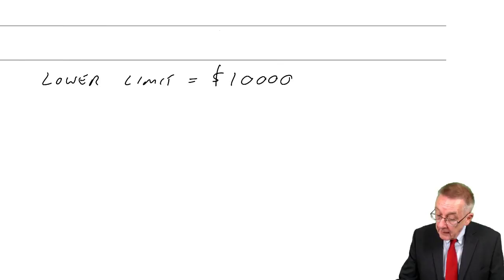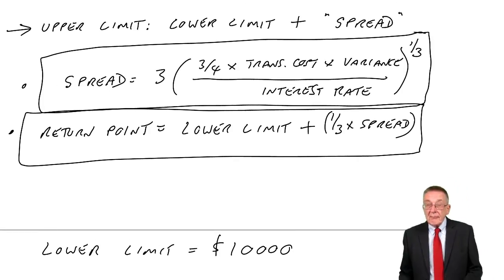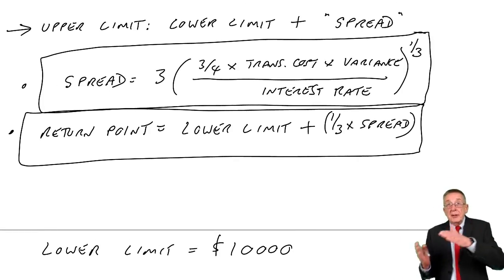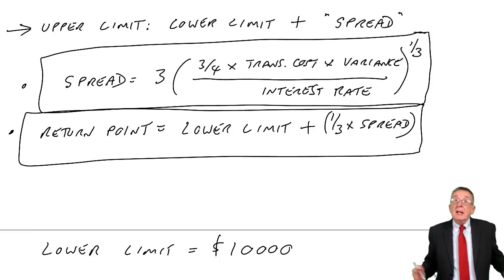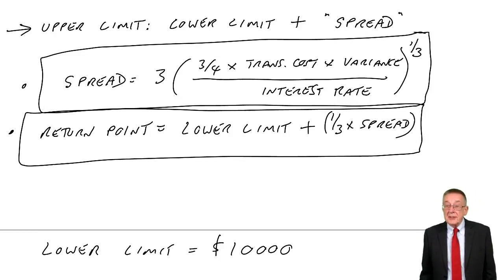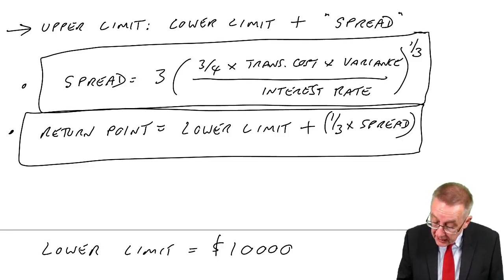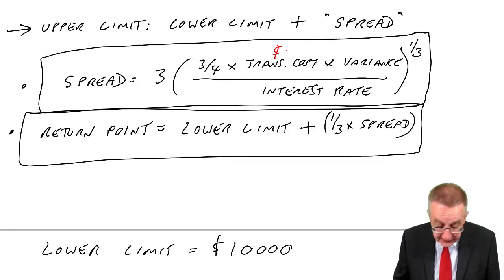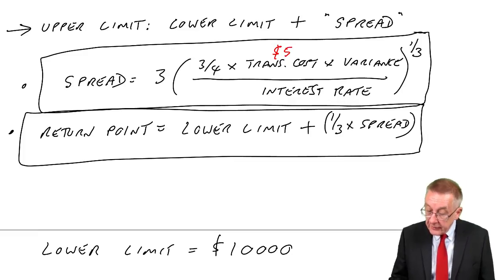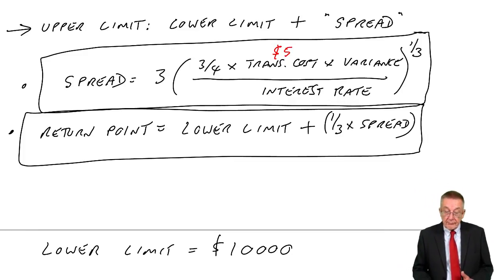So that's what we're talking about in the formula. Every time you move to or from deposit, there's likely to be a cost involved. Well, in the formula, it's the transaction cost each time, which in our example is $5.